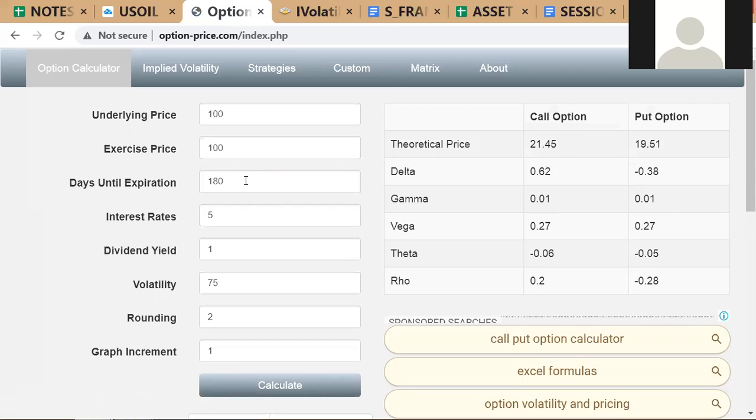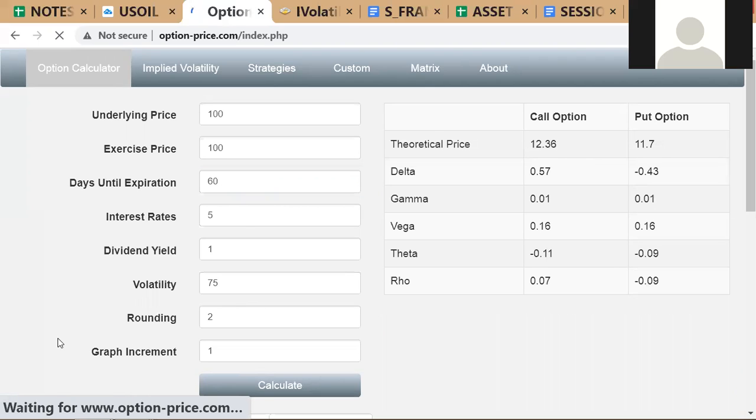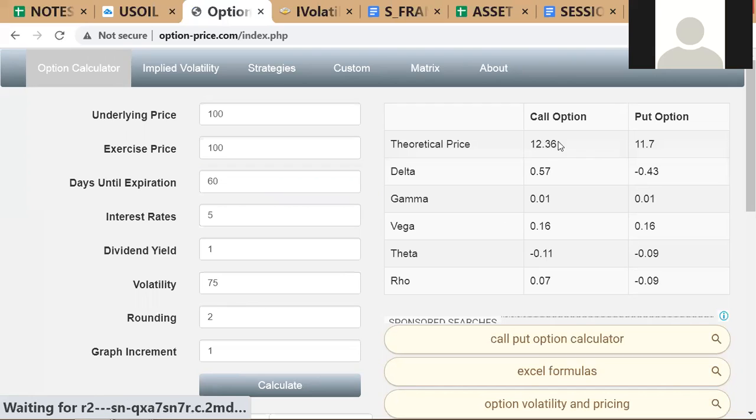Now I change from 180, 4 months have passed, so what is left is only 60, because 30 into 4, 120 days have passed. Now what happens to the option price? Nothing else changes. 21.45 goes to 12.36. You see this? This is the negative theta impact. After 4 months have passed, the option price has almost dropped in half.